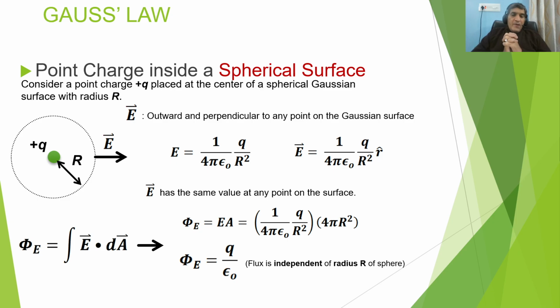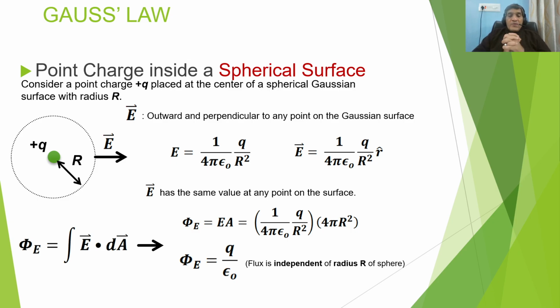This is shown by the dotted circle in the PPT. So we have the formula phi E equal to Q enclosed upon epsilon naught, and phi E is found by the integral of E dot dA. E is constant, so it comes outside, and dA gives the area of the sphere, which is 4 pi r square. So the answer comes out to be E equal to Q upon 4 pi epsilon naught r square.